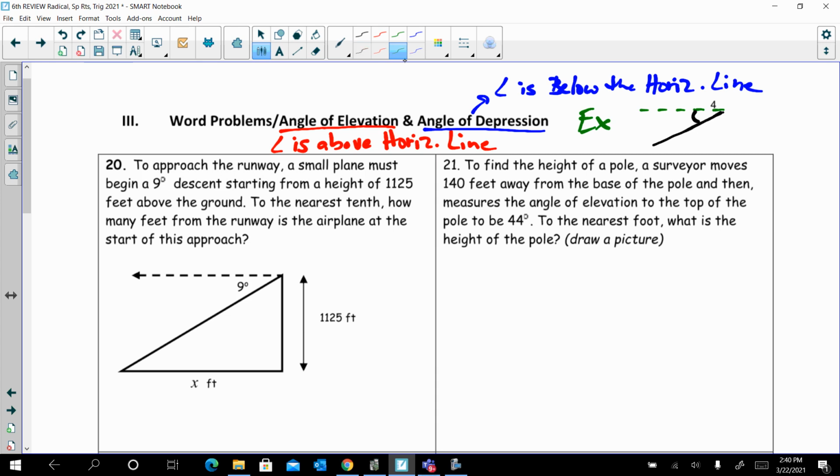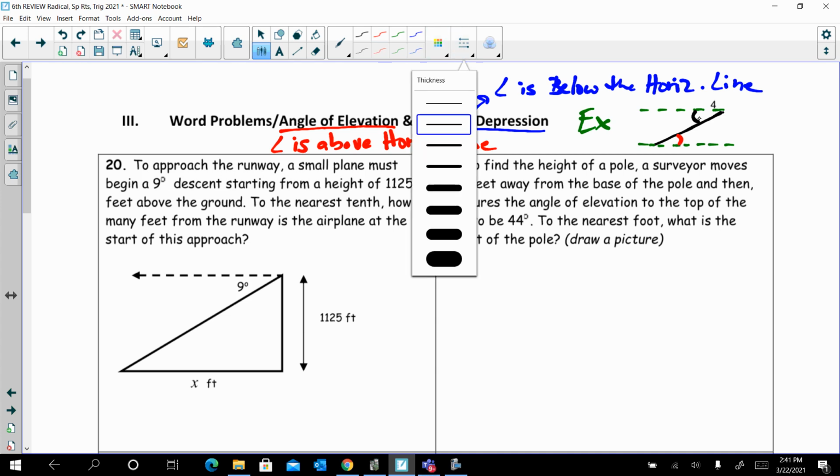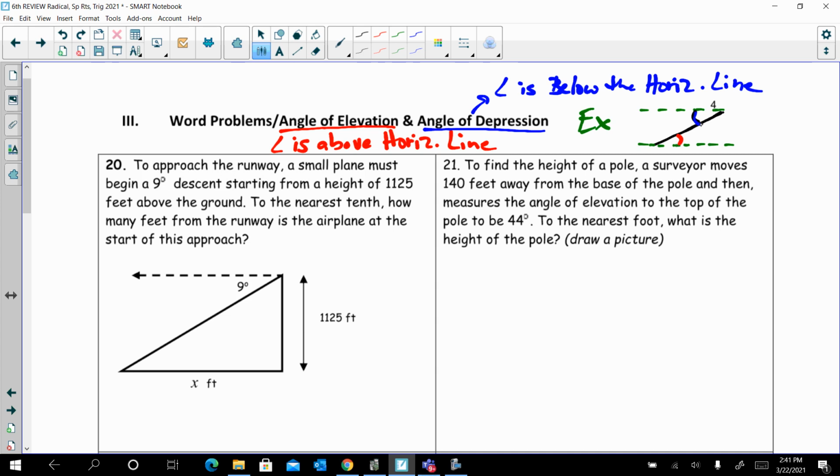Now, all horizontal lines are parallel. So if I added another horizontal line with that diagonal line, the angle of elevation would be above that horizontal line. These two angles are congruent because they're alternate interior angles with the parallel lines.